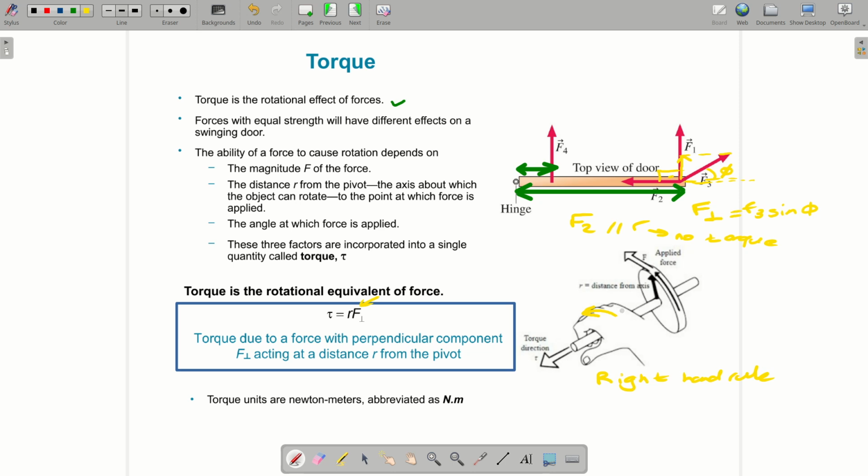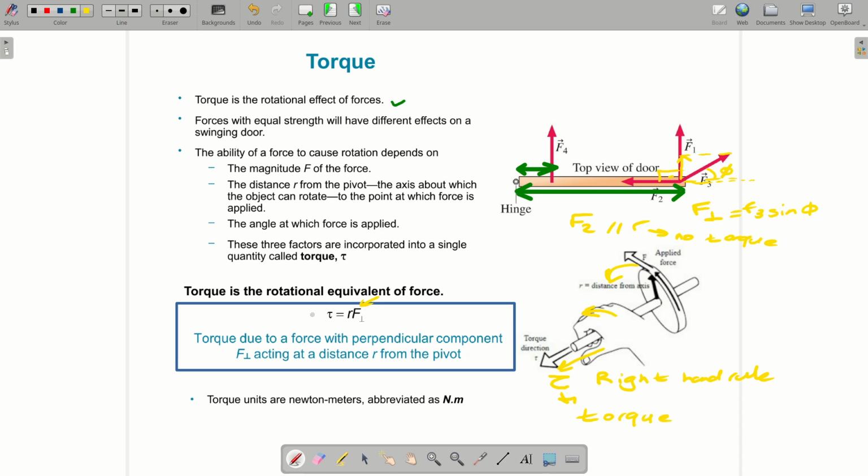If I grab the rotating object, turning my fingers along the rotational direction, which I define logically, and open my thumb, it will always show the direction of torque, for which we use the letter tau. It's again a Greek letter. We love Greeks, so we use their letters all the time.